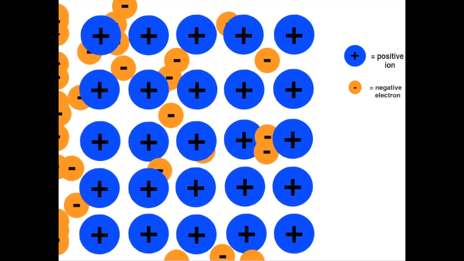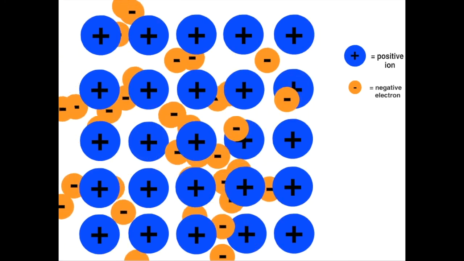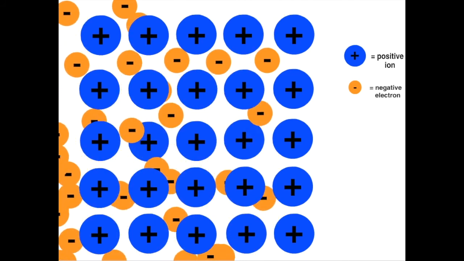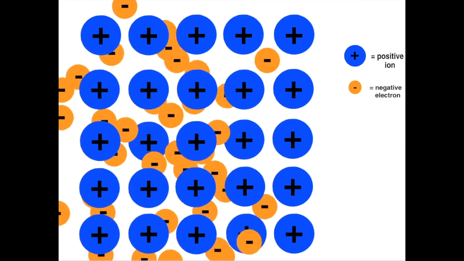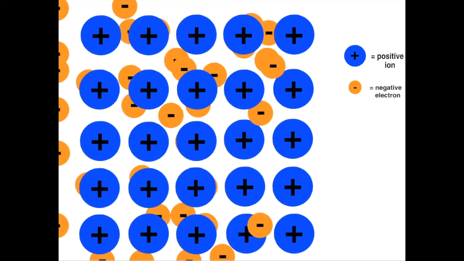The reason that the electrons move about freely is because they repel each other, causing them to change their positions. This flow of electrons is why metals are such good conductors of electricity. Because the electrons circulate, the ions become positively charged, as all of the circulating electrons are negatively charged.